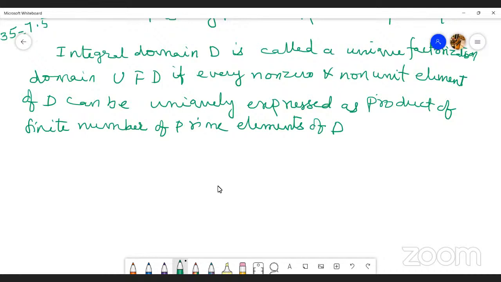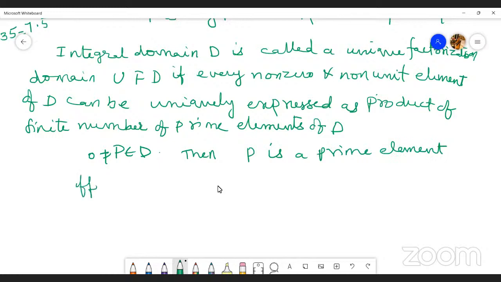If D is any integral domain and 0 not equal to P belongs to D, then P is a prime element if and only if the principal ideal generated by P is a prime ideal.